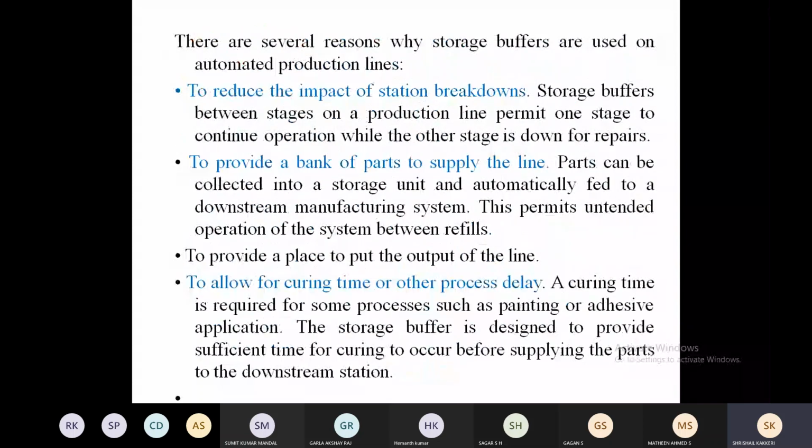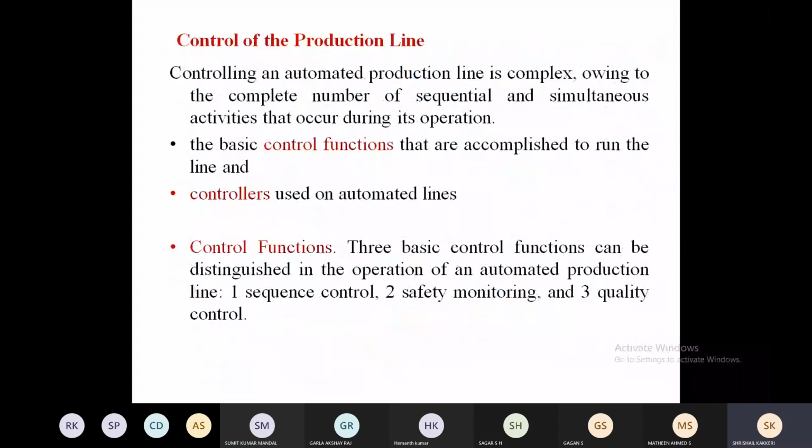These are the reasons. Okay, and control of production lines. See, the workstations are there, N number of workstations, with the raw material input and the finished product output.